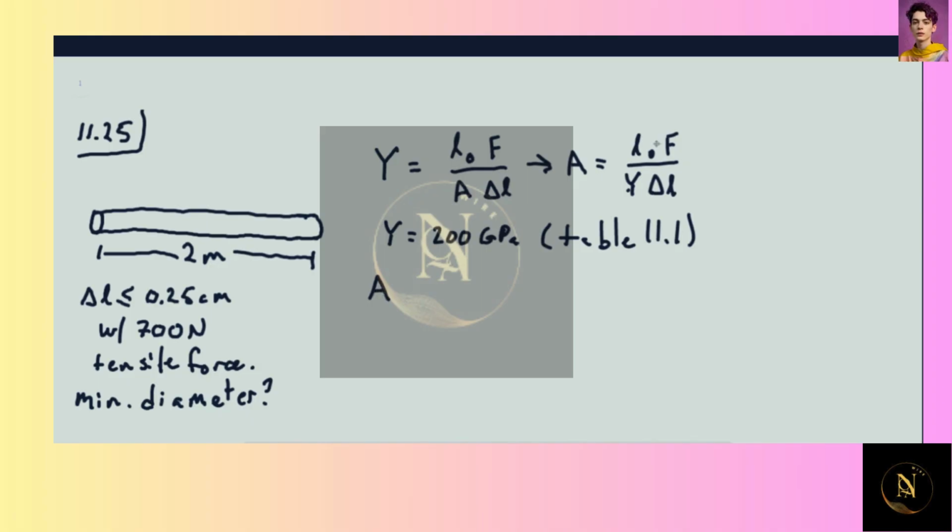So putting these numbers in, the area will be 2.8 times 10 to the negative 6th meters squared.